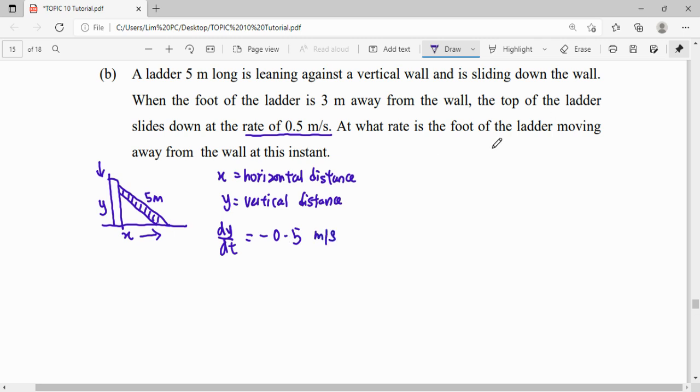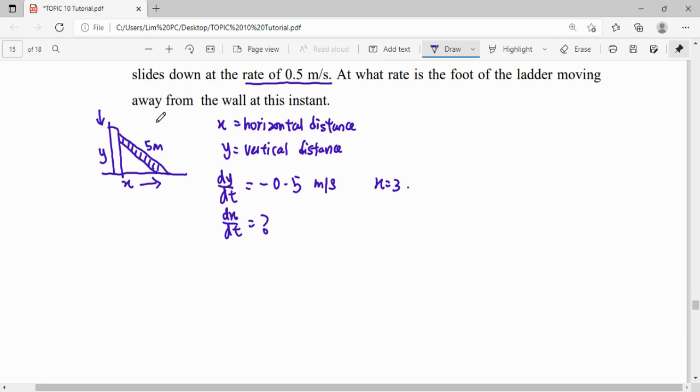They ask what's the rate of the foot, so what's the rate of this horizontal distance? They ask us to find dx/dt. When the ladder is 3 meters away, it means our x is equal to 3. So after we read through the question, we identify the shape, we get the information, and we know what to find out.